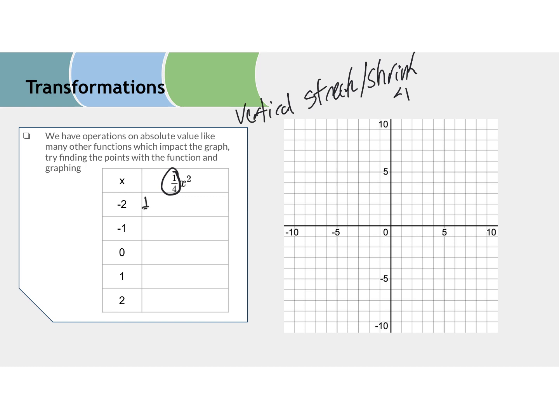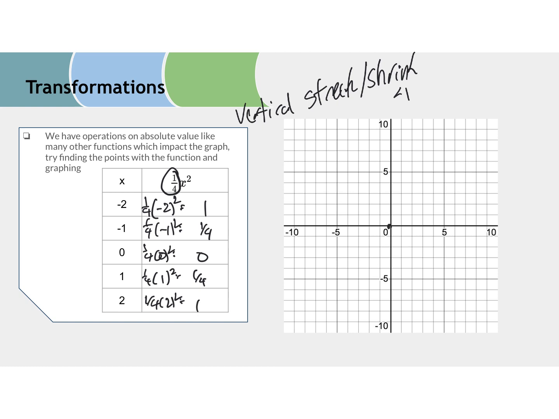Let's go through this process. 1/4 times -2 squared. That's just 1. 1/4 of -1 squared. That's 1/4. 1/4 of 0 squared. That's still 0. And 1/4 of 1 squared. That's 1/4. 1/4 of 2 squared. That's 1.